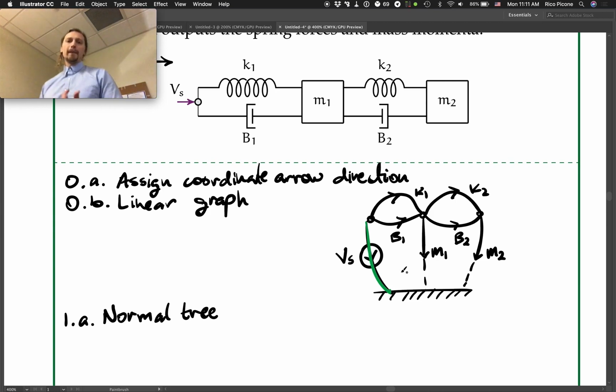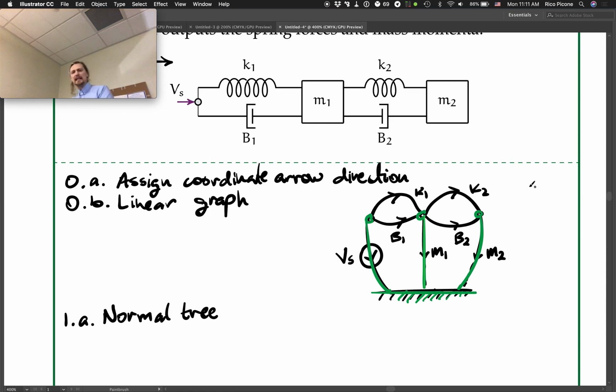I forgot the nodes. We always take all the nodes. Sometimes we just get lazy and don't even do it. And then A-type energy storage elements. So we can take M1, and we can take M2 as well.